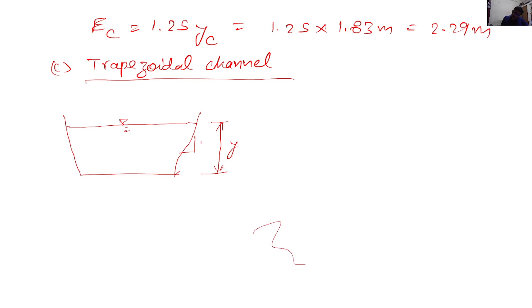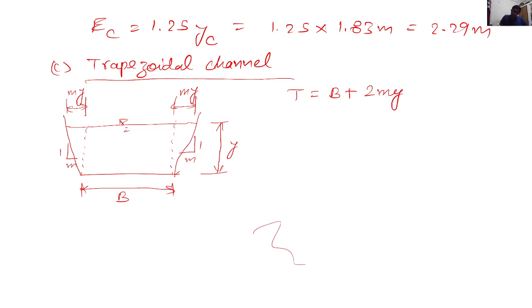The side slope is 1 is to m, at both the sides. So this part would be m times y, and this part will again be m times y. The base is b. The top width happens to be base plus 2 times my. It's very simple to understand.